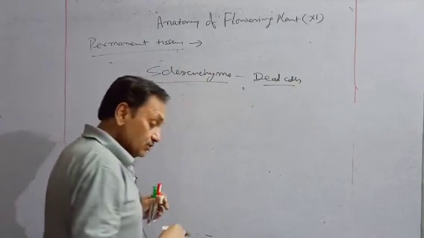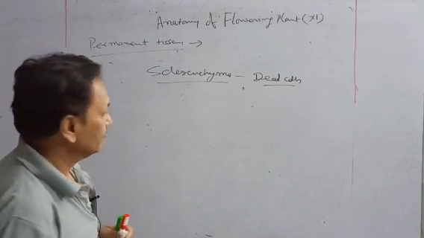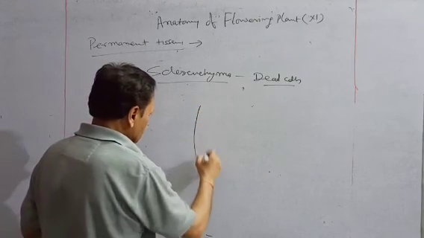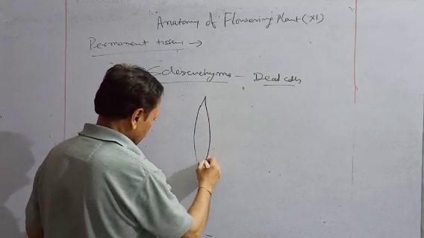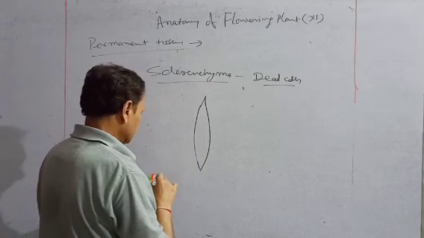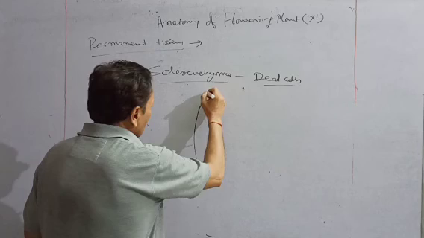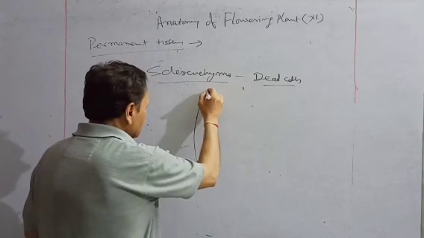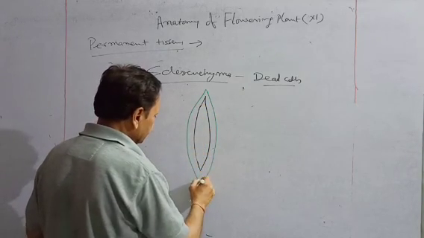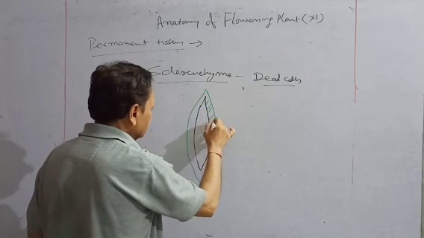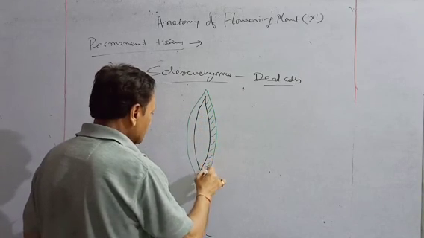The death is due to lignification. Suppose this one is the cell, and this is the lignin, which is impermeable. With another cell, and this one is the lignin.